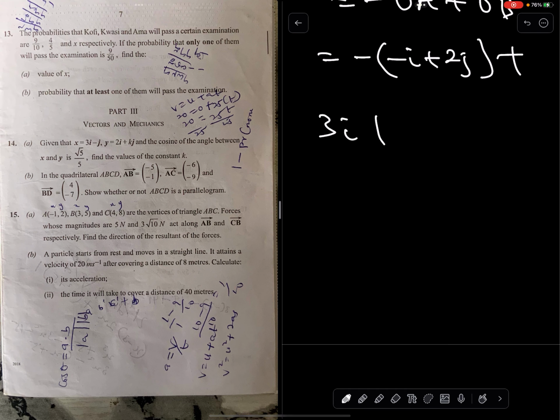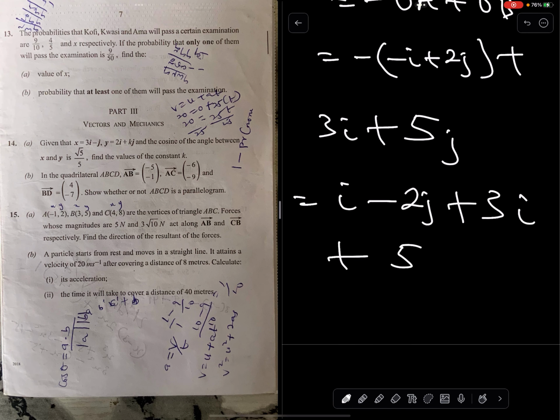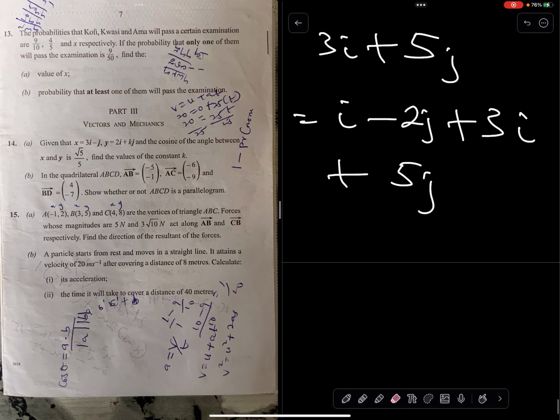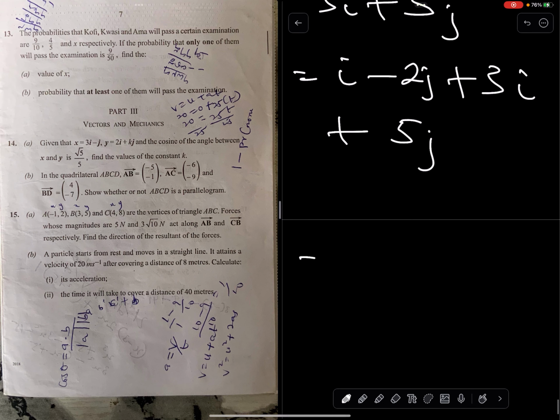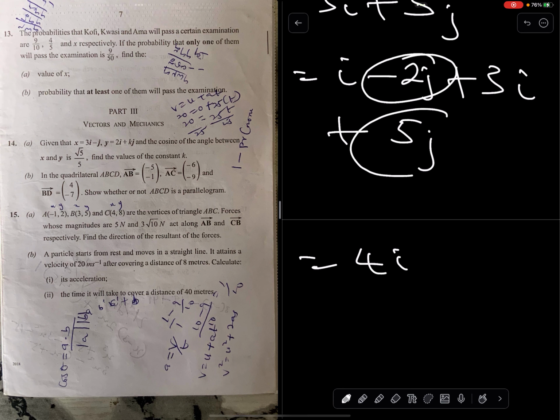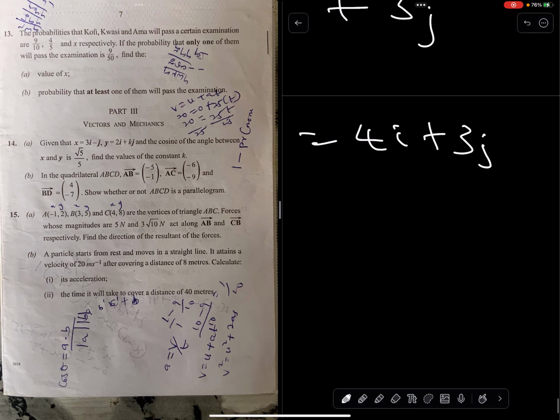That's i minus 2j plus 3i plus 5j, which is 4i plus 3j. So AB equals 4i plus 3j.